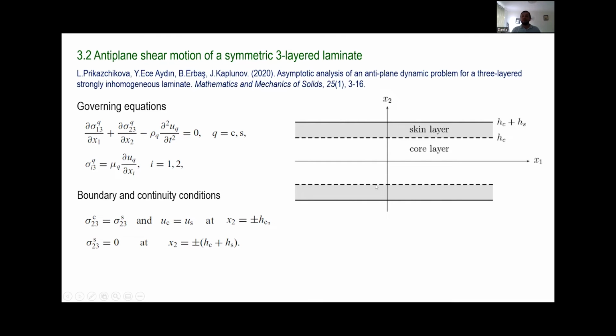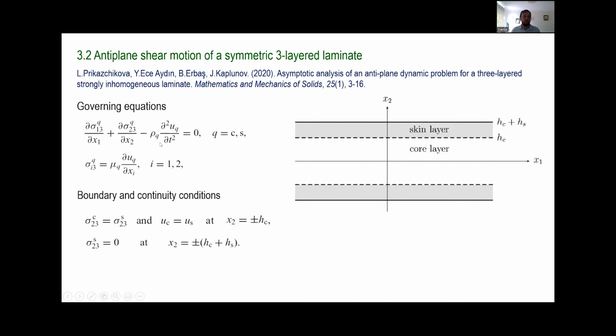We have two skin layers and one inner core layer, and the displacement is again the out-of-plane displacement, the one which is perpendicular to the plane shown here. One more thing is that this index Q is either C or S, corresponding to either core or skin layers respectively.